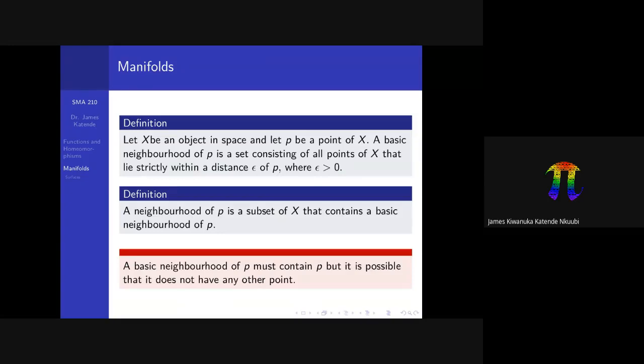It can be any shape, as long as inside that shape you can find a basic neighborhood of P. We'll have the following remark: a basic neighborhood must contain the point itself, but it's possible that it may be the only point in the neighborhood. It doesn't have to contain any other point. It can also contain just the point P. This will become clear in the examples.